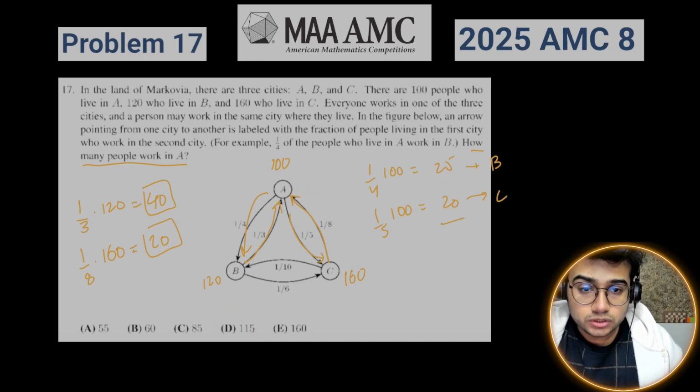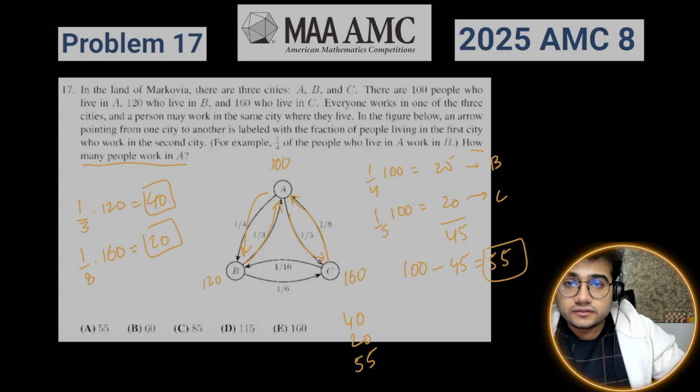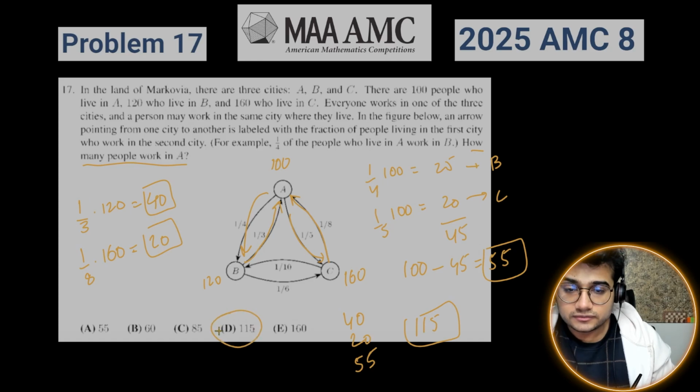So that's a total of 45. 100, which is the total in A, minus 45, which work outside, is 55. So that means 55 people work in A. So the total is going to be 40 plus 20 plus 55, which gives us 115. So the answer is D.